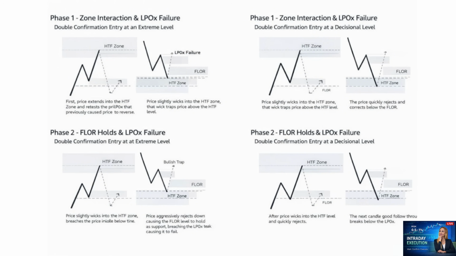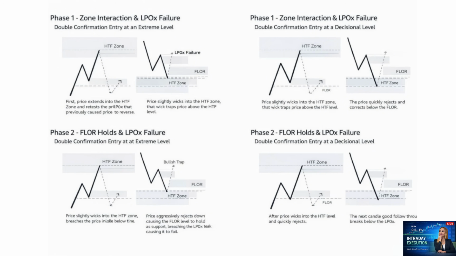Price then trades higher, reacting off the last point of supply, the initial reaction, the extreme of the reaction, and the failure of the last point of supply. Since the extreme has not taken liquidity, we can guide that the decisional is likely to be swept and used as liquidity to trade into the extreme demand zone and then trade higher.